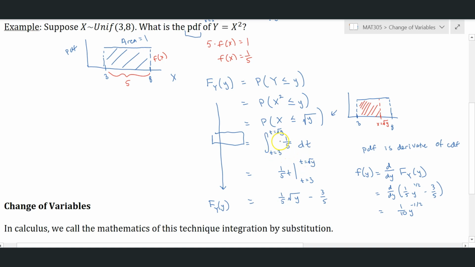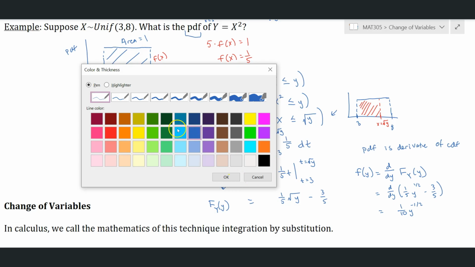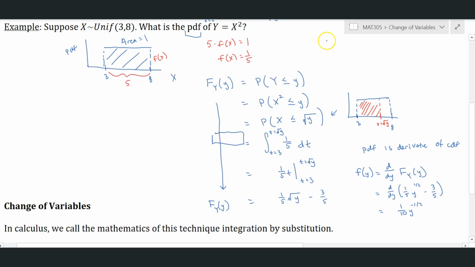X went from 3 to 8. But y is going to go from, if x goes from 3 to 8, then y, which is equal to x squared, has got to go from 9 to 64, right? Because these are the squares of the values of x.